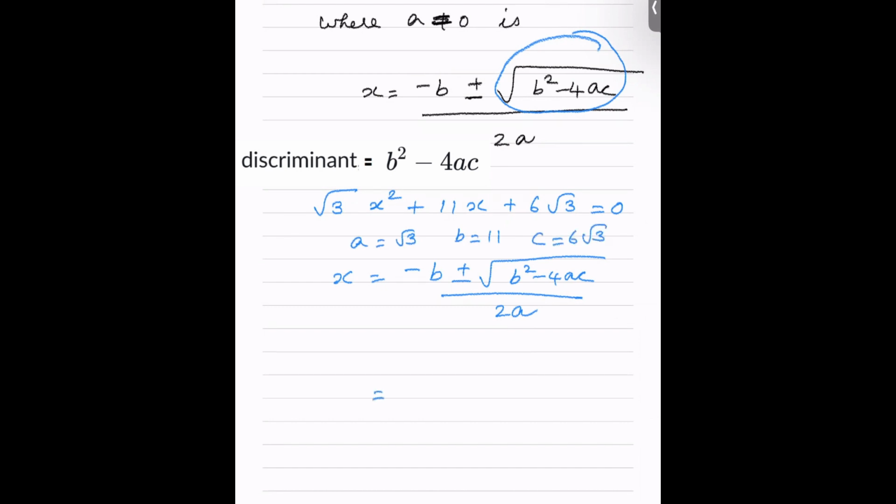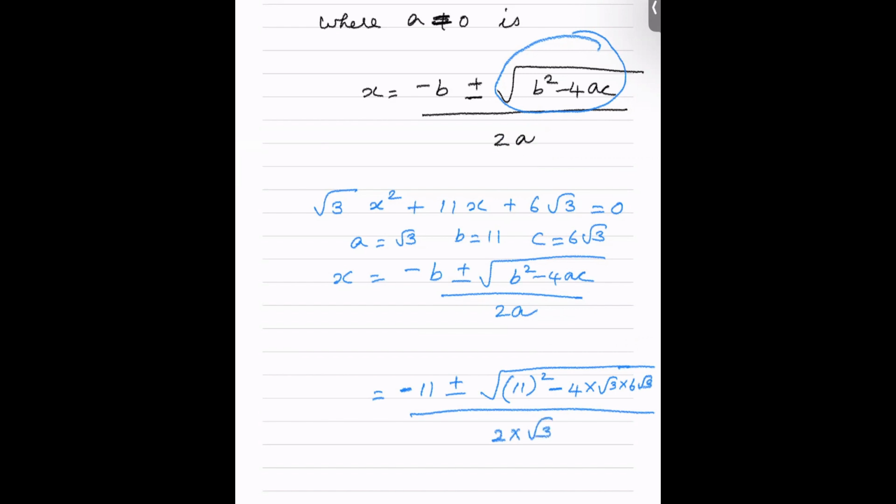What is minus b? Minus b means minus 11, plus or minus square root of b square. What is b square? 11 square minus 4 into a, which is root 3, into c, which is 6 root 3, whole divided by 2 into root 3.